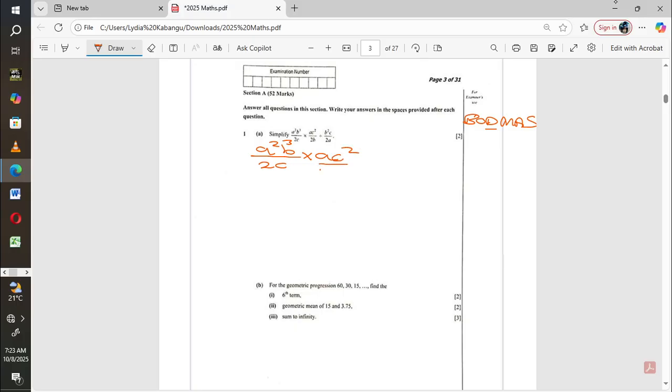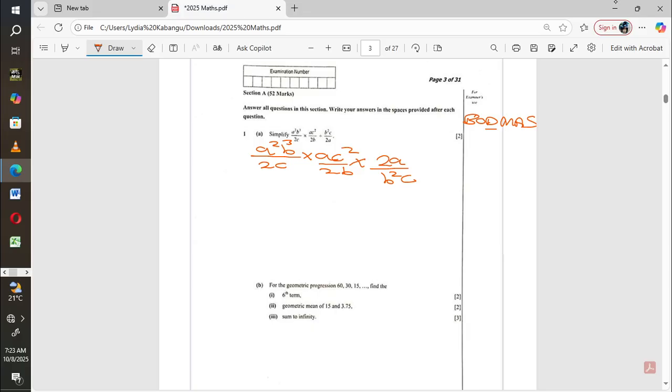we multiply by a c squared over 2b. Then here there's a division. So what do we do? We reciprocate this. So that division there becomes multiplication. We multiply by 2a over b squared c. We have reciprocated this one because BODMAS says that we have to start with division.